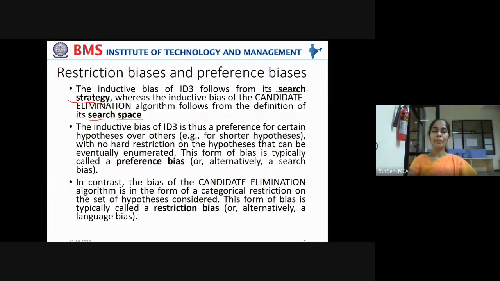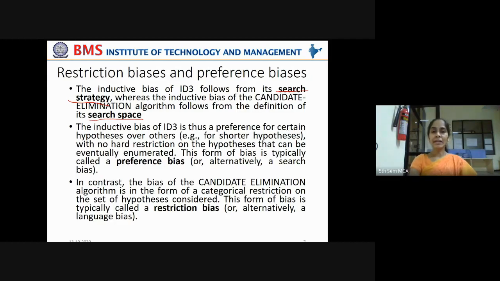Now I am repeating again. Inductive bias of ID3 follows from its search strategy, how it searches through the hypothesis space to select the optimal decision tree, whereas the inductive bias of the candidate elimination algorithm is from the definition of its search space itself. It tries to minimize the search space so that it contains only the set of hypotheses that are consistent with the training examples.